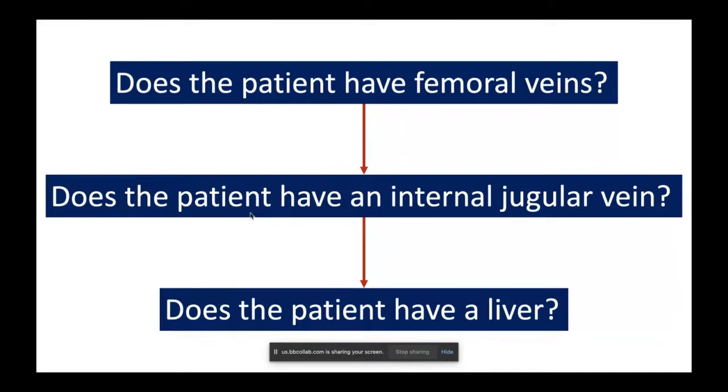And the reason I say this is if the patient has WPW, there is a small risk of sudden cardiac death in these patients. So we will usually take them to the EP lab and try to ablate this pathway. And the ways we do that are femoral venous access, if not internal jugular venous access. Finally, if none of these, we'll try transhepatic access. So if the patient has veins somewhere, just refer them to us and we'll take care of it.